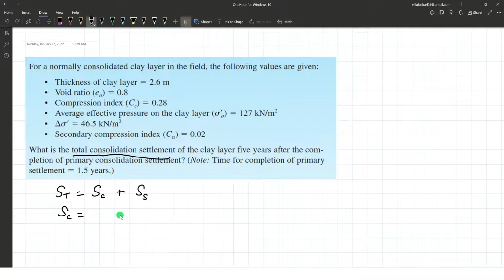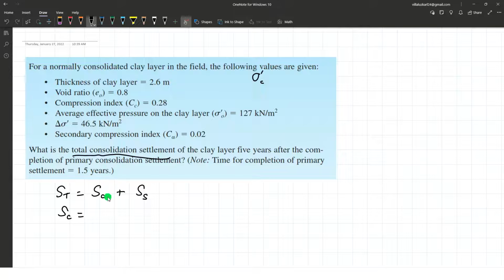So going back from the previous lecture, if we have given here the pre-consolidation pressure, sigma prime C, we can say that that's an over-consolidated type of clay. But since wala namang given dito, we can say that this is a normally consolidated soil.